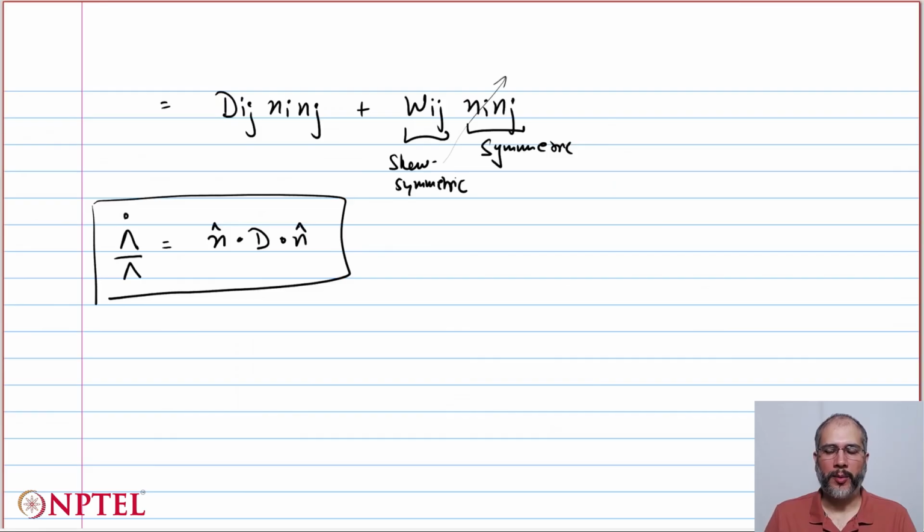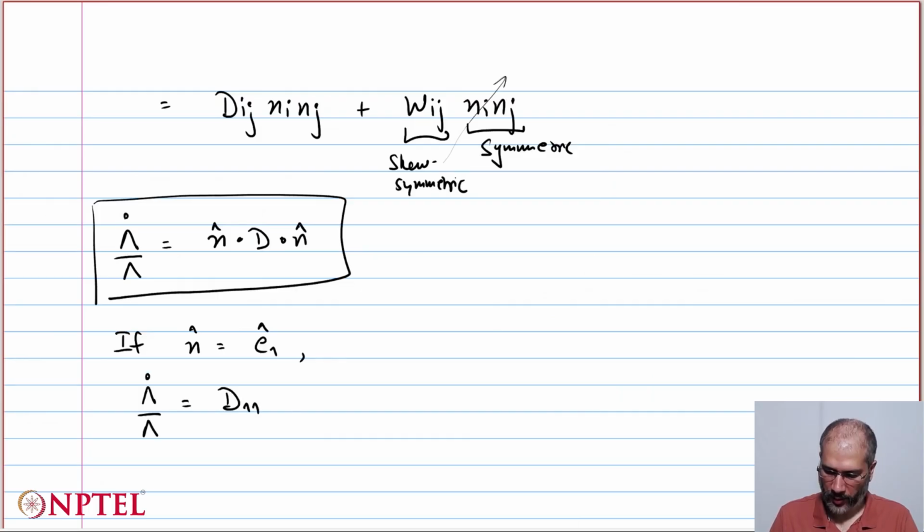So this will now help us interpret the different terms. If I take my n hat, let's say in the e1 hat direction, that is along one of the coordinate directions in the spatial coordinate system, this means lambda dot upon lambda is simply d11.